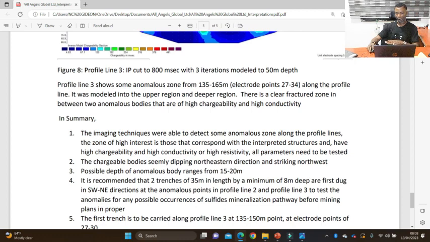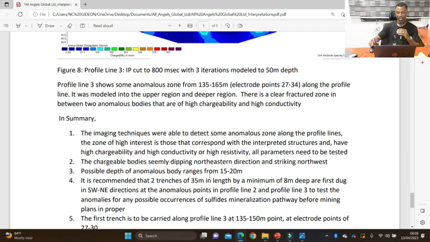All parameters here need to be tested. We tested not all of them, but the ones we think are very high, and they showed positive results. So that is the chargeability body dipping up. It shows the dipping and the striking. Definitely the strikes are easier to determine because they are going in the same direction.